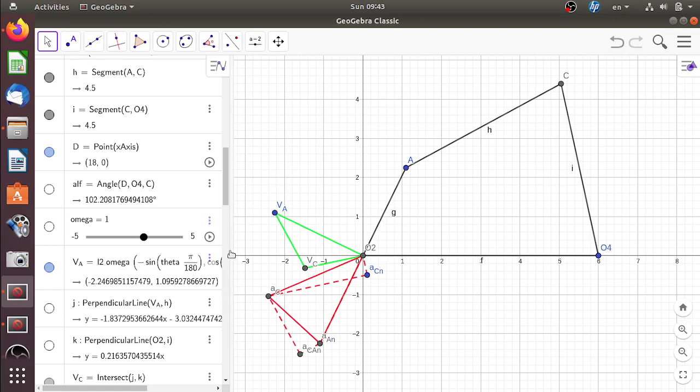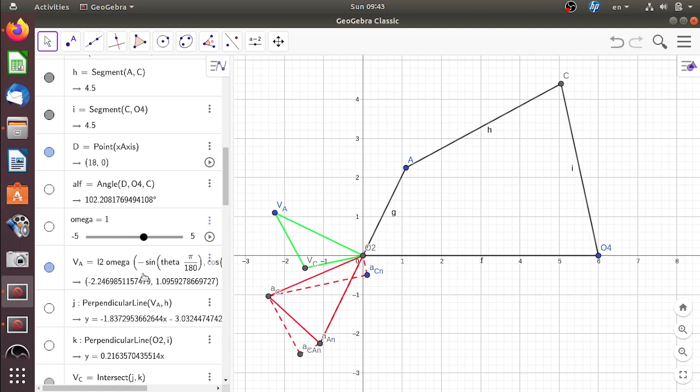That's the magnitude. What about the direction? The direction is perpendicular to this line, which means it has two options. One is in this direction, the other is in this direction, but we always choose this direction. That will be the right hand screw rule.